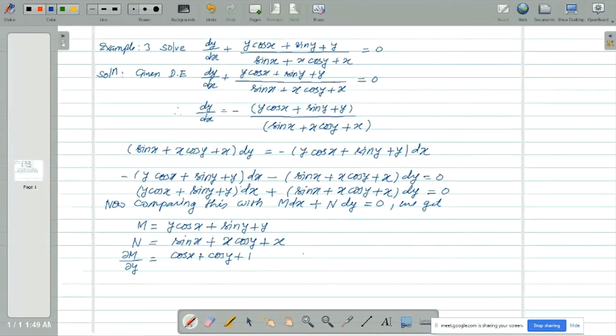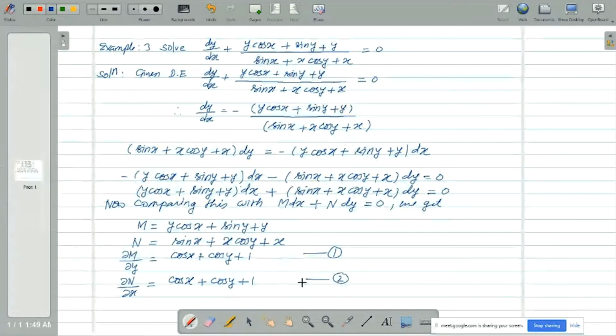Name this equation number 1. Now differentiating N with respect to x: ∂N/∂x equals cos x, and differentiating with respect to x, y is constant, and the derivative of x is 1, so cos y plus 1. Name this equation number 2.